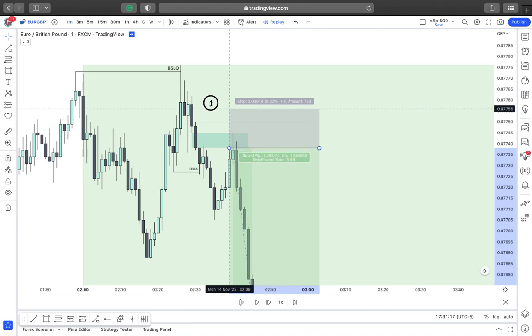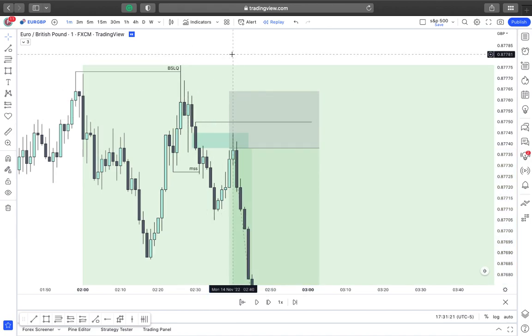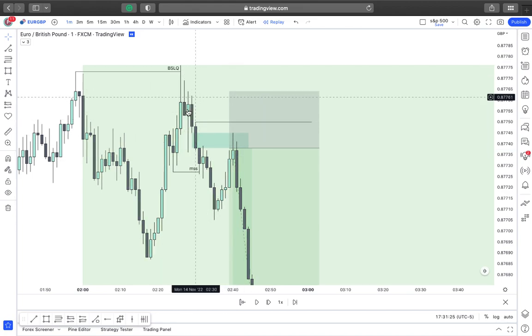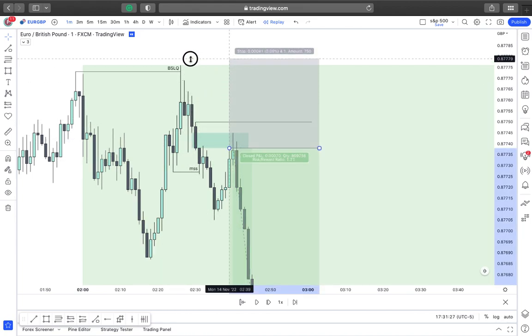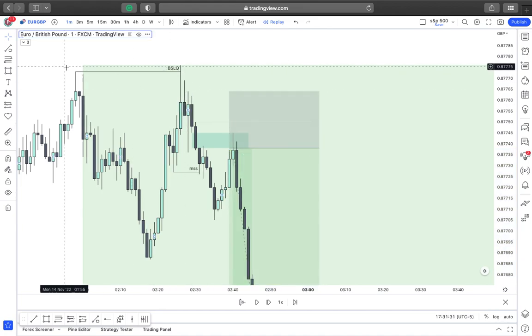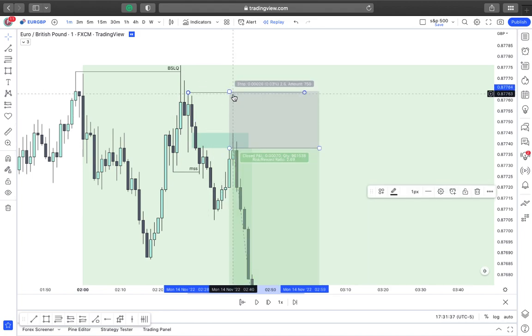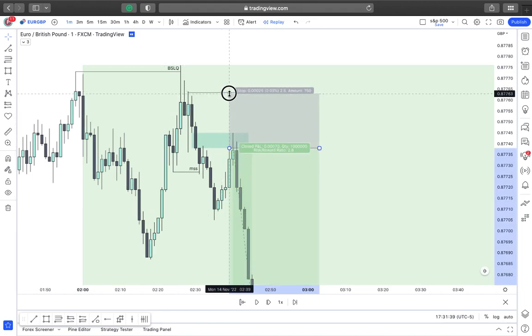But what we basically do is put our stop loss at any order block or any high. If there was not any order block over here, what I would have done is put my stop loss over here, but we do have an order block over here. So this is where my stop loss is going to be, above the order block wick, right?